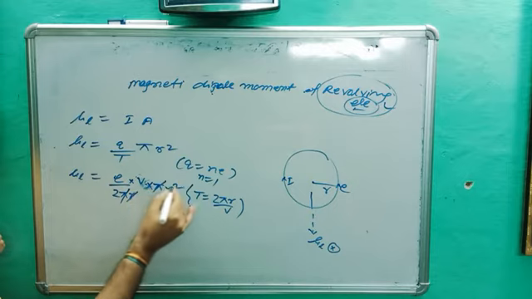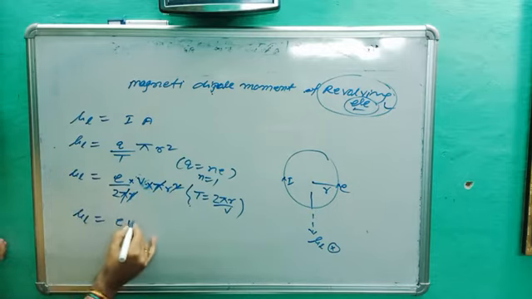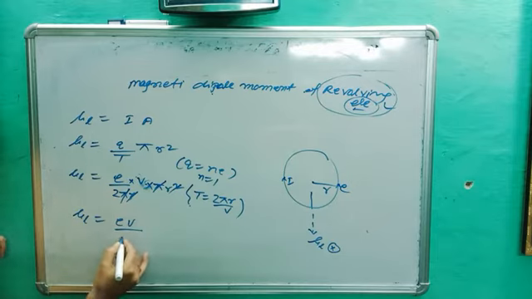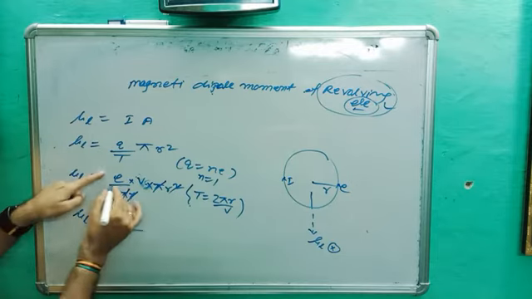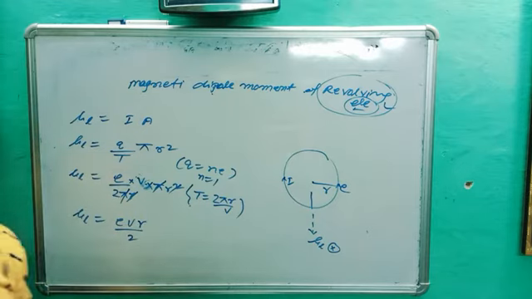Pi will cancel, one r will cancel out. So we will get mu L is equal to eVr upon 2. Are you getting the point?